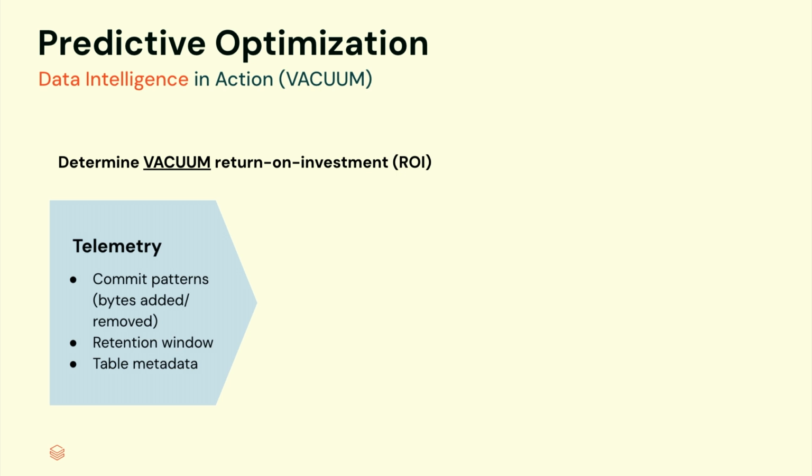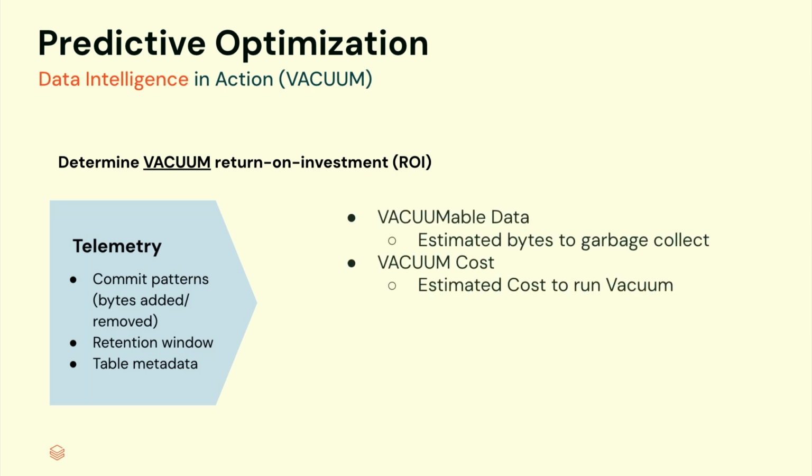The telemetry leveraged here is from your commit patterns: how many bytes are getting added, how many bytes are getting removed, what are their sizes, what's the retention window of your table, and how many files are present in your table. Using this, predictive optimization estimates the amount of garbage collectible or vacuumable data, and the estimated cost to run vacuum.